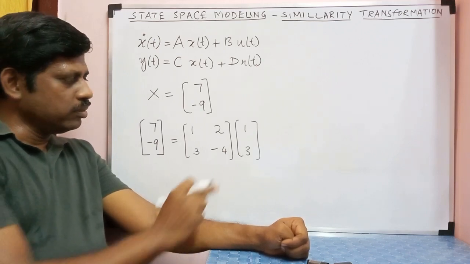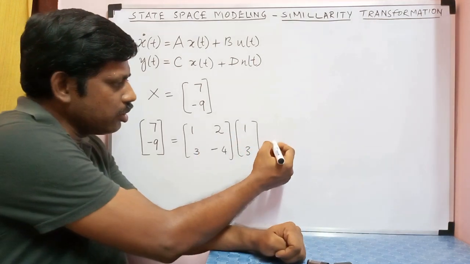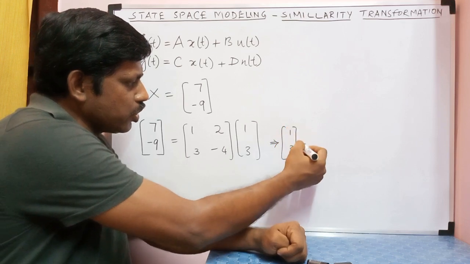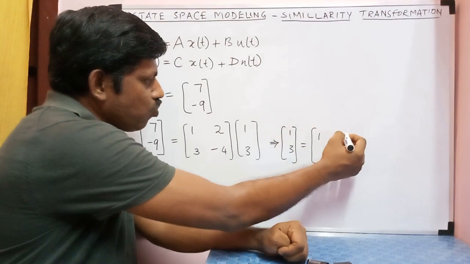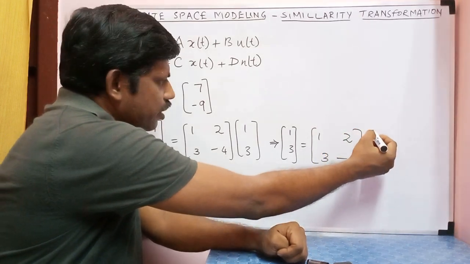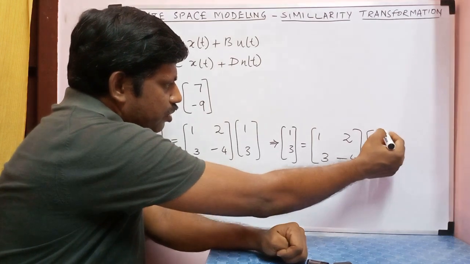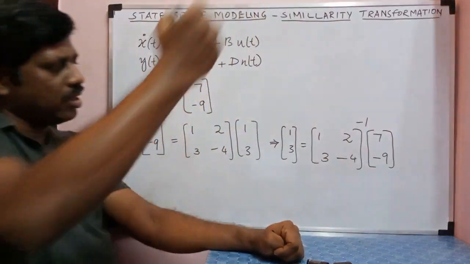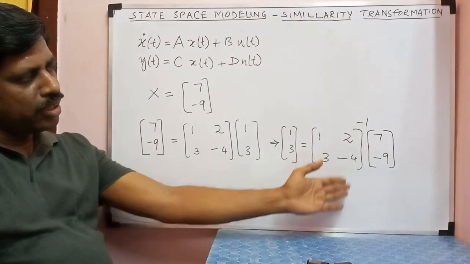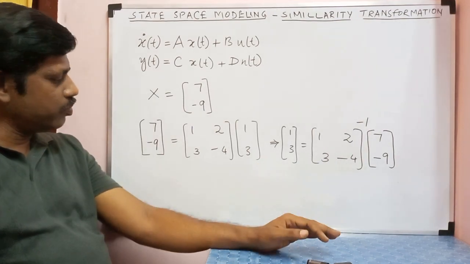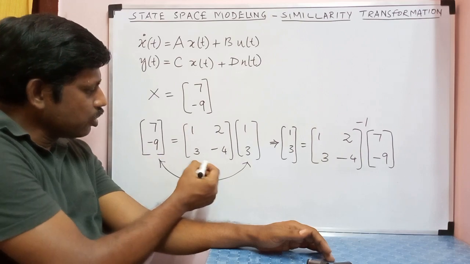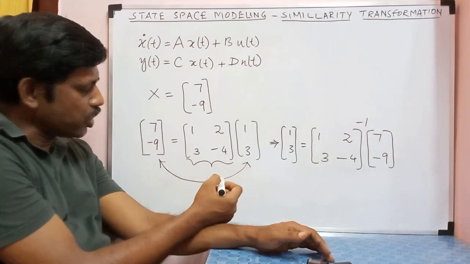How? For example, 1, 3 is nothing but inverse of 1, 2, 3, minus 4 multiplied by 7 minus 9. Okay, inverse of this multiplied by 7 minus 9. So you can again verify, you will get back 1, 3. So I am able to connect two vectors using a transformation matrix.